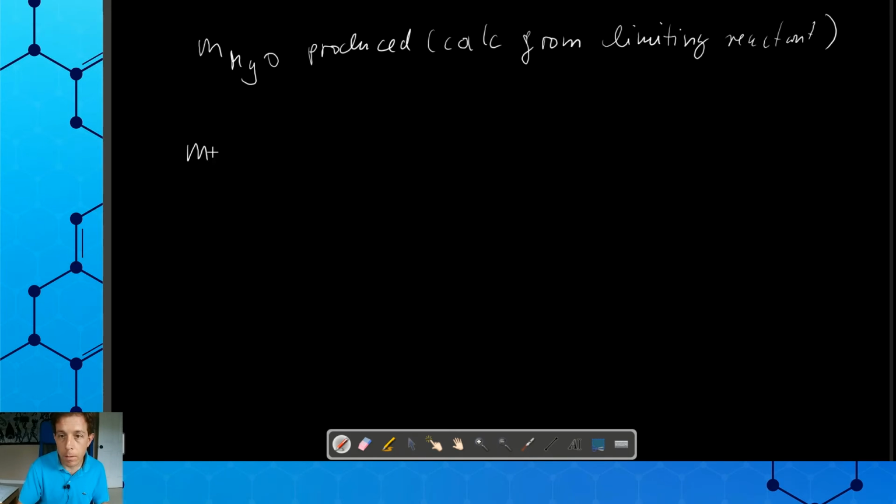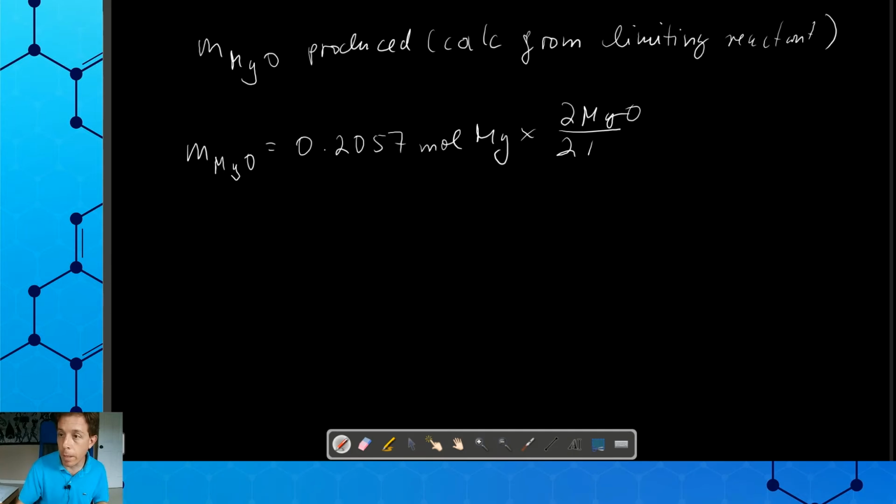And let's do that, the mass of magnesium oxide. So we start off with 0.2057 moles of magnesium. And from the reaction stoichiometry, we see that it's 2 magnesium oxides that are produced for every 2 magnesium.